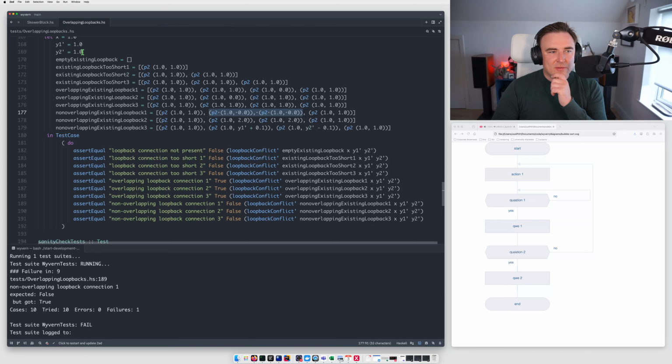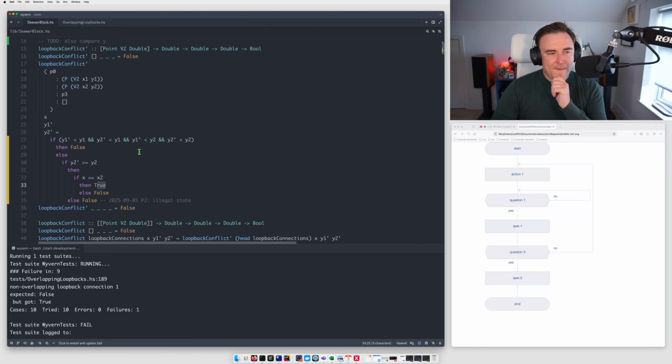So in our case, y2 prime is always going to be lower than y1 and y2. It is lower. y1 prime is, this is 1 and this is 0, so this is going to be false.